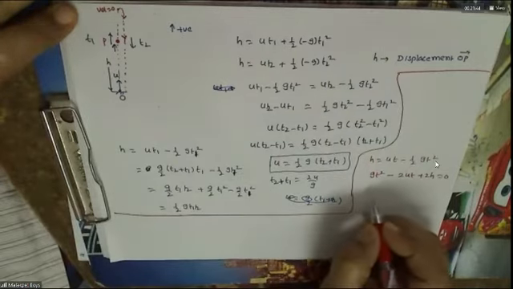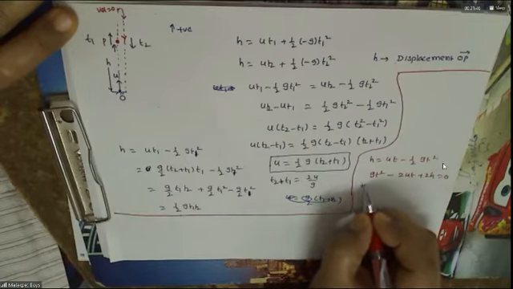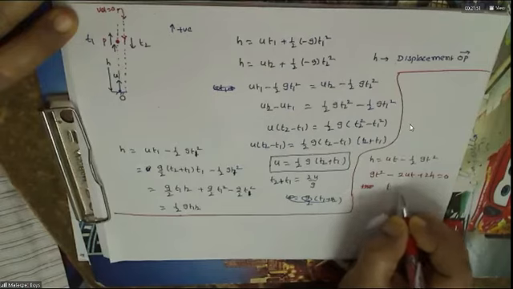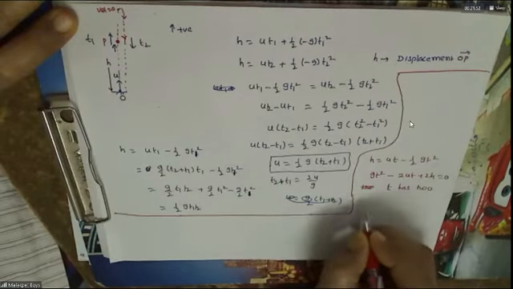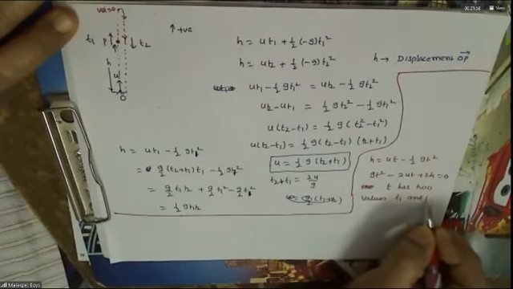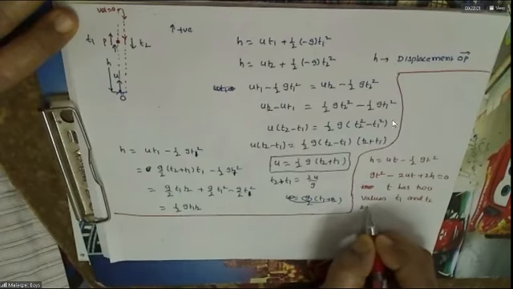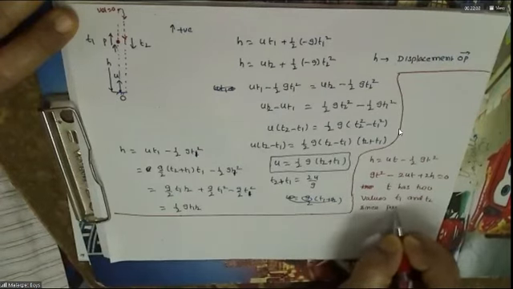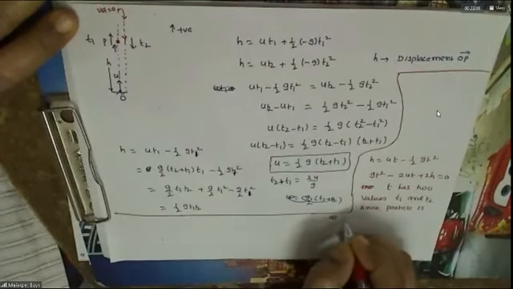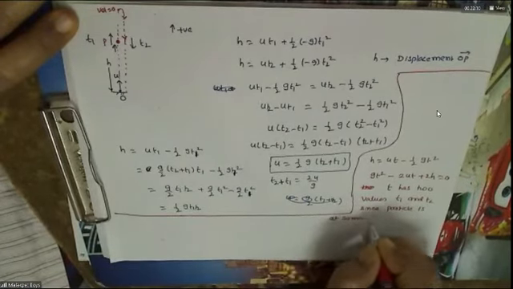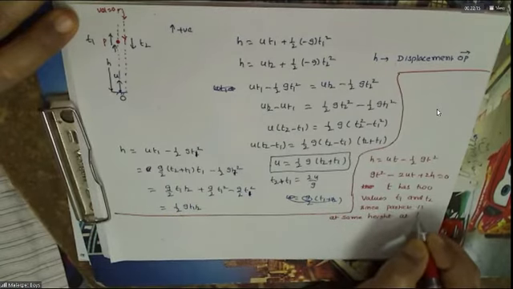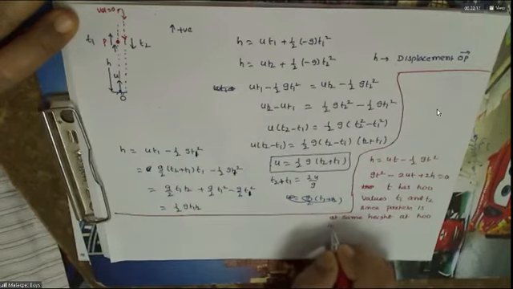Do you agree or not? Yes, sir. It's a quadratic now. T has two values, T1 and T2, since particle is at same height at two instants.